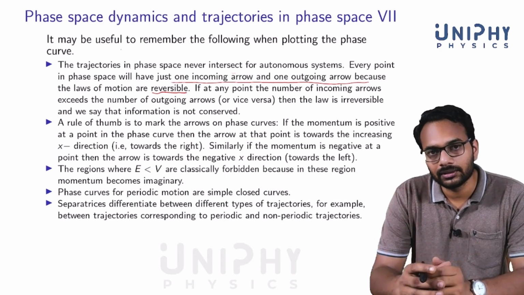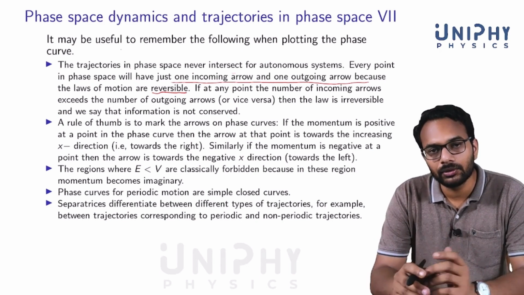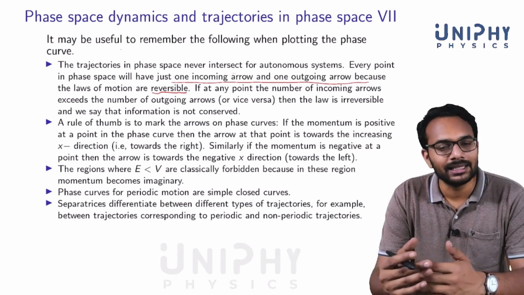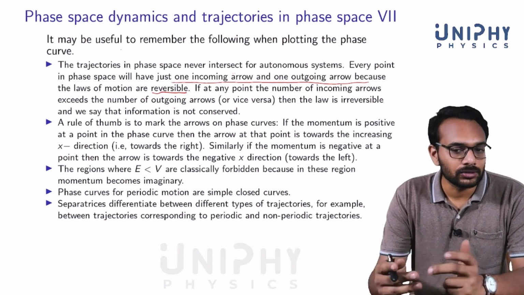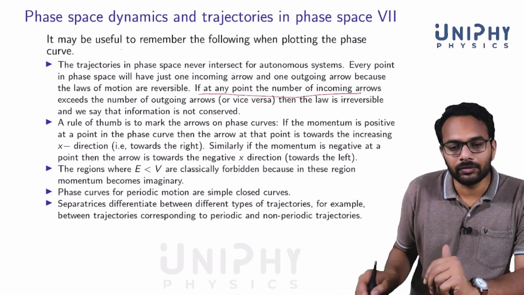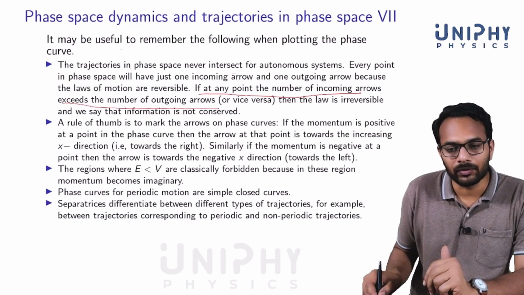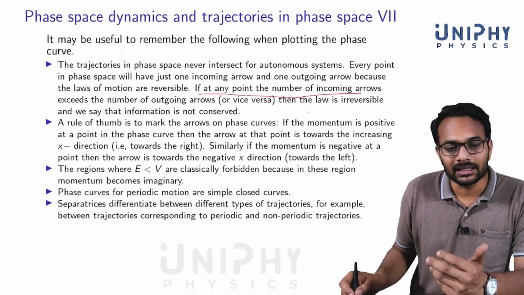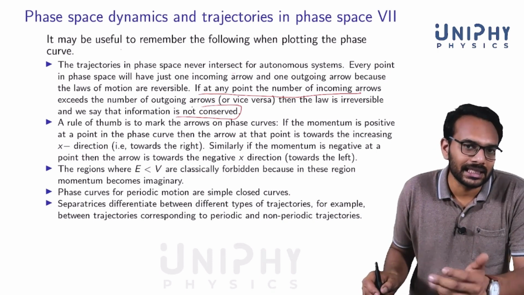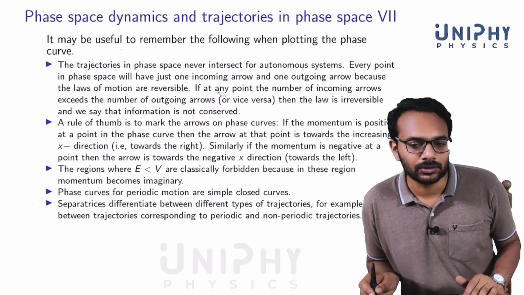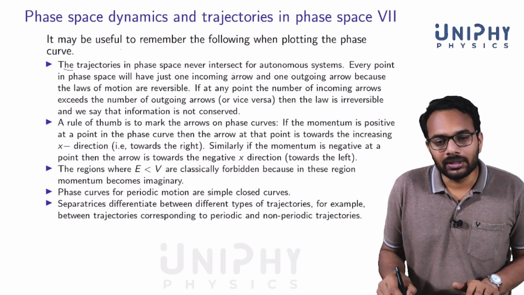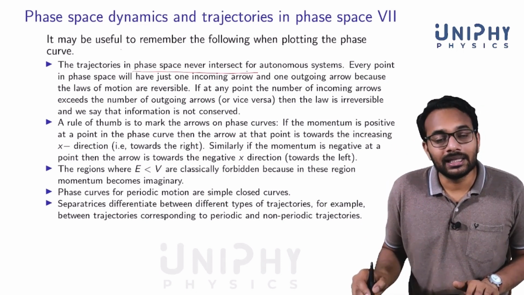So if you know the state, you know what the state was in the past, provided you know the conditions and the equations of motion. Now, if at any point the number of incoming arrows exceeds the number of outgoing arrows, then the law is irreversible, and we say that information is not conserved. But information is actually conserved in physics. So the takeaway point here is that the trajectories in phase space never intersect.